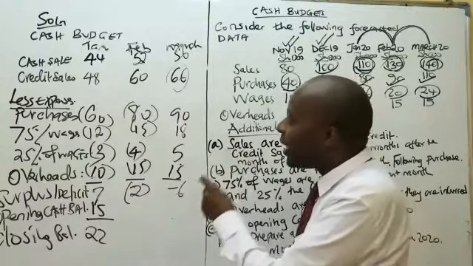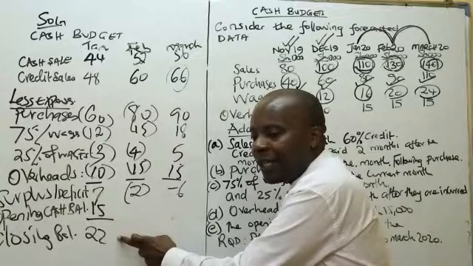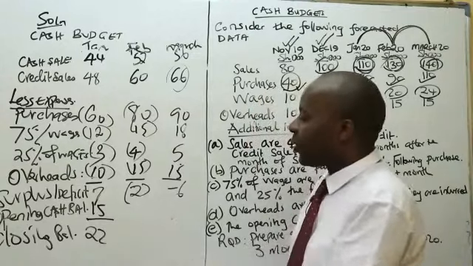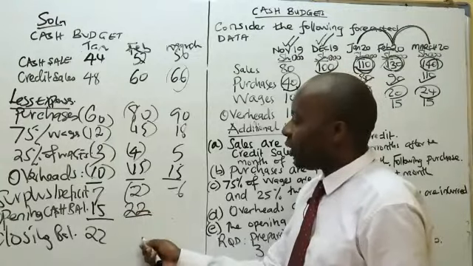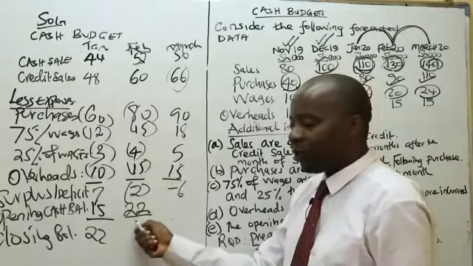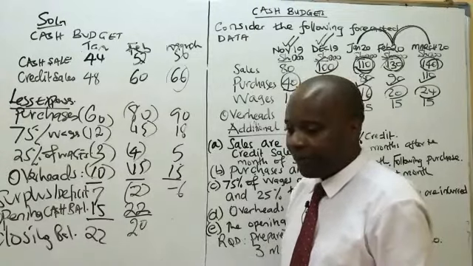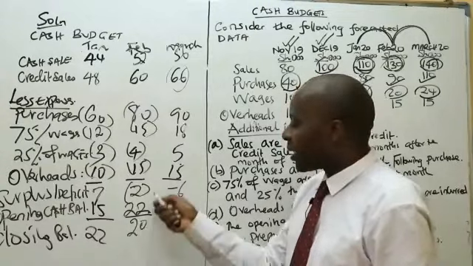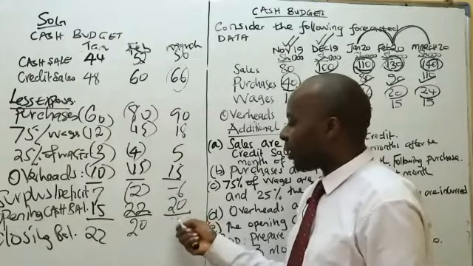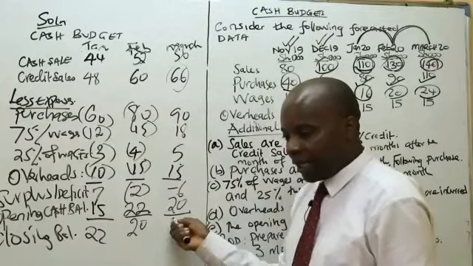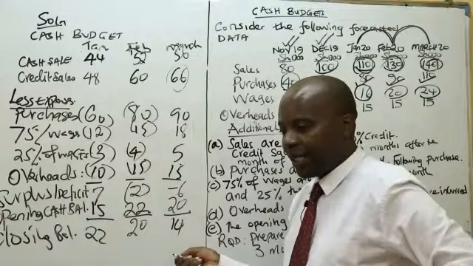The opening balance of February will be the closing balance of January, which is 22. So come and give me the closing balance of this month. It's 20, and this 20 now marks the beginning. So 20 minus 6 plus 20 gives me what figure? This gives me 14.